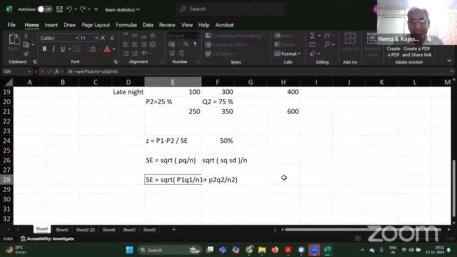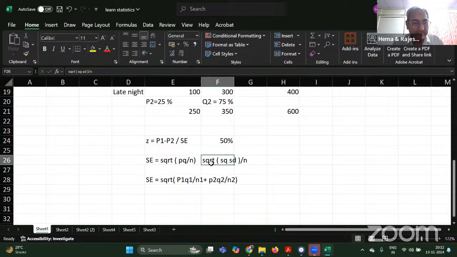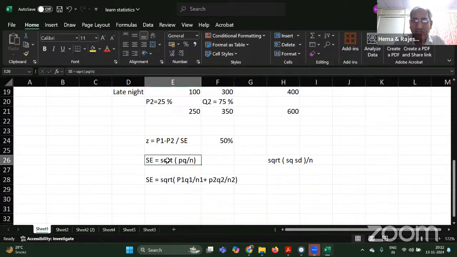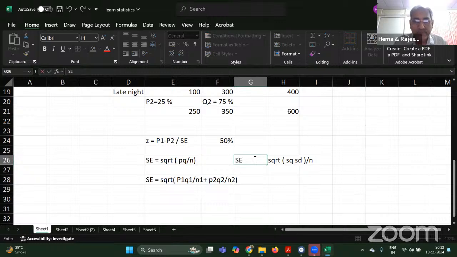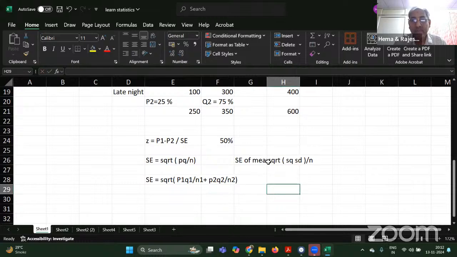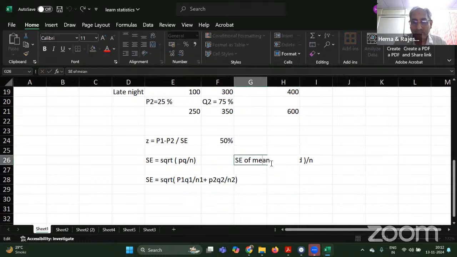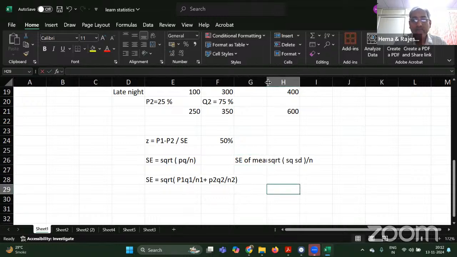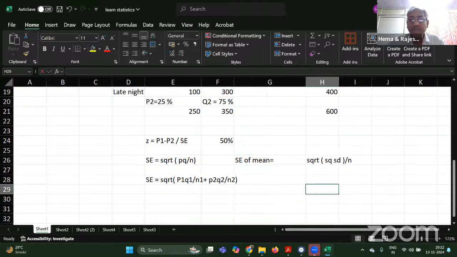So in this case, in case of mean, remember this is the standard error of proportion. This is the standard error of mean. This is the standard error of difference between two proportions.